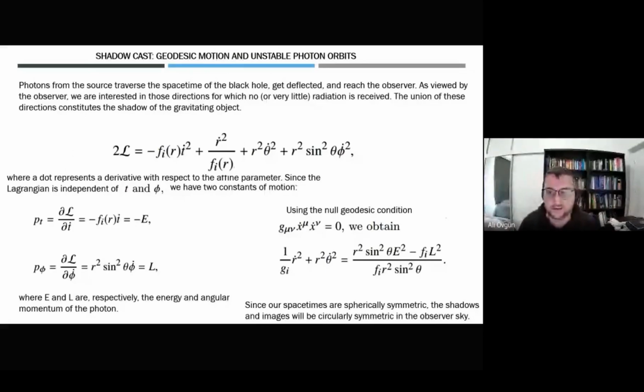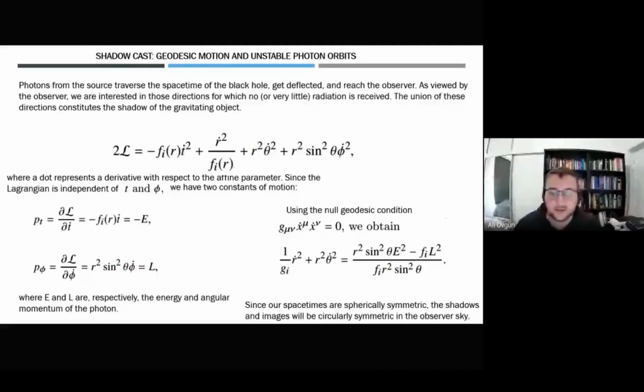So it is possible to compare the calculated photon path with a picture of the black hole. We can predict how photons act around the black hole by calculating the null geodesics. You can also use the conservation of energy and conservation of momentum to derive the null geodesics.